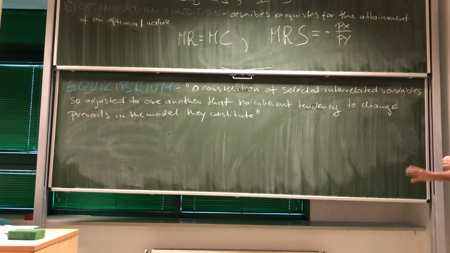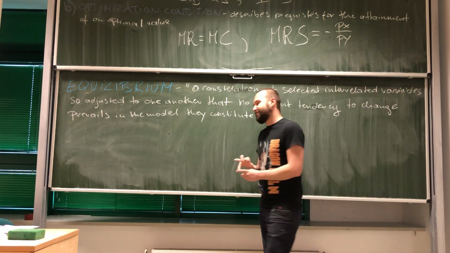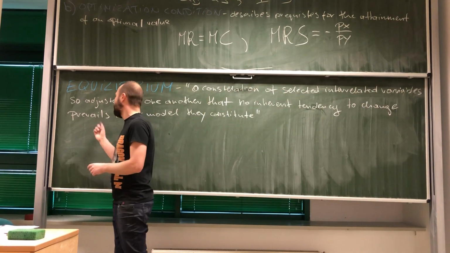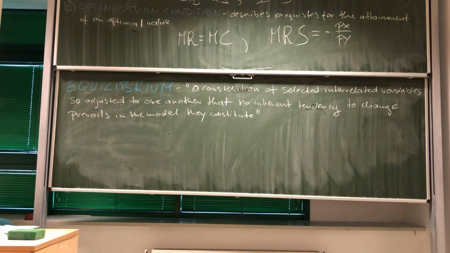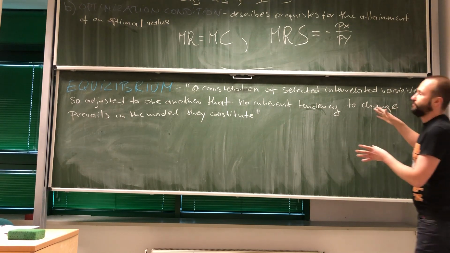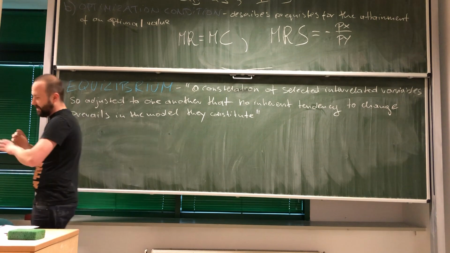Okay, and I think at this moment, this should tell you what an equilibrium is in terms of the mathematical models that we use in economics. You should be able to see where we are going, what we are going to do in this subject.